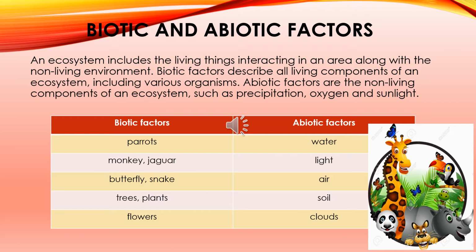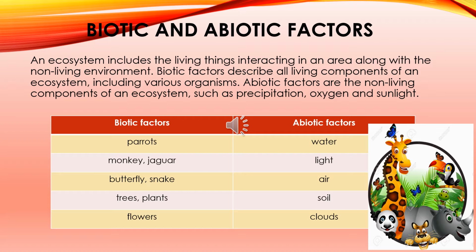Now, biotic factors describe the living components of an ecosystem, including various organisms. Abiotic factors are the non-living components of an ecosystem, such as precipitation, oxygen, and sunlight. So, an ecosystem is formed by living things and non-living things. In other words, biotic factors and abiotic factors.